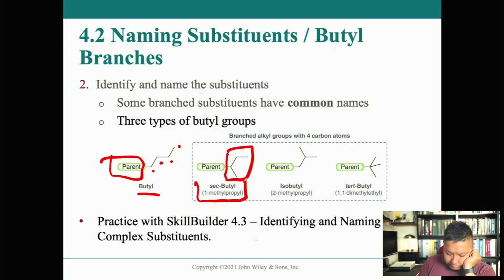You can also call it 1-methylpropyl because you have a propyl, 3 carbons long, and then the first carbon has a methyl group coming off of it. This is the methyl group that we're talking about, and this part right here is the propyl group.